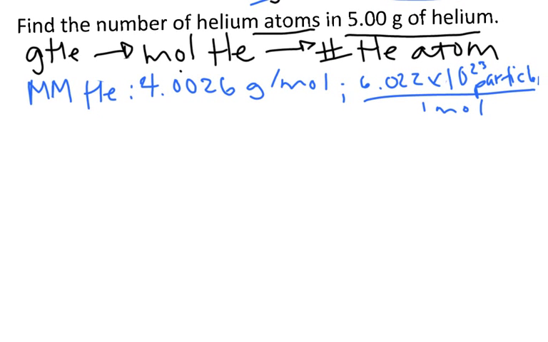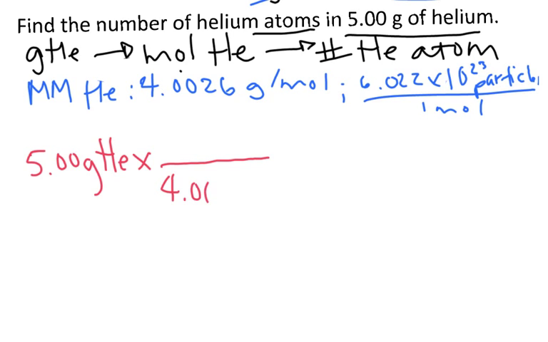Okay, so let's start with what we're given. We're given 5 grams of helium. We're going to use the molar mass. We need grams to be on the bottom. 4.0026 grams of helium for every 1 mole of helium.